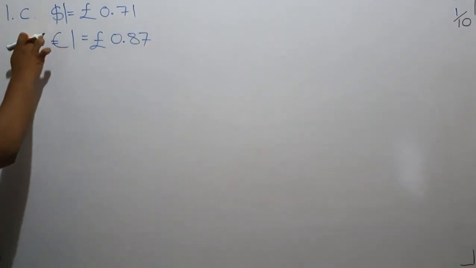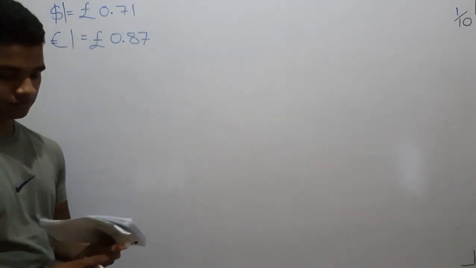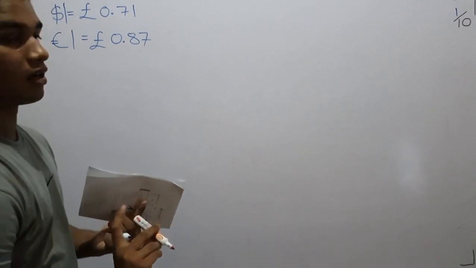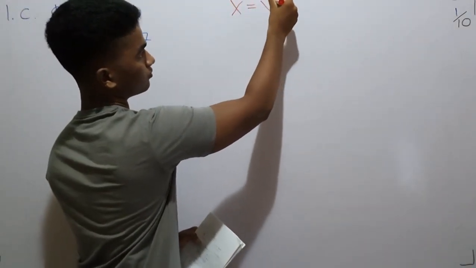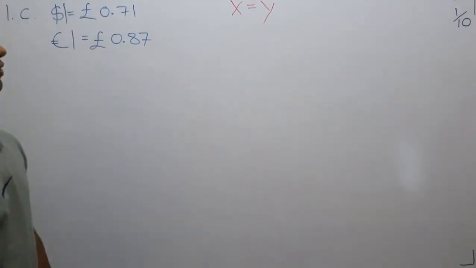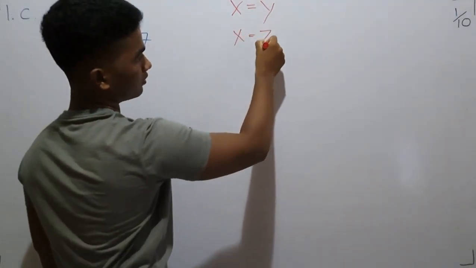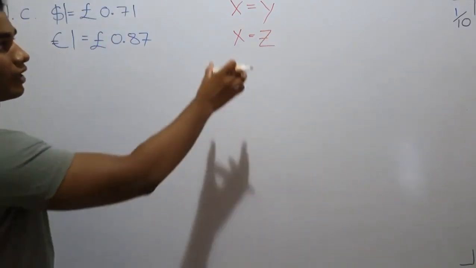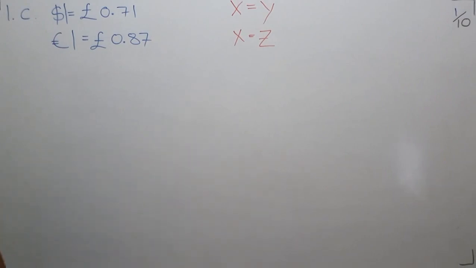Now, especially in this currency lesson, there is a small thing to be kept in mind. I'll write here. So, if x equals y, and if x equals z, these are the two relationships they have given.